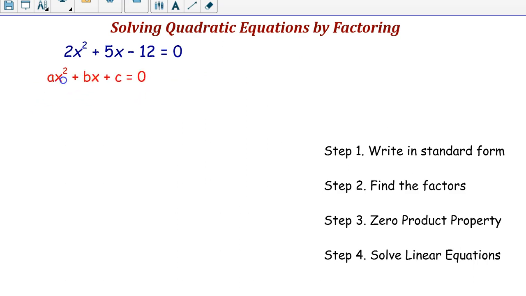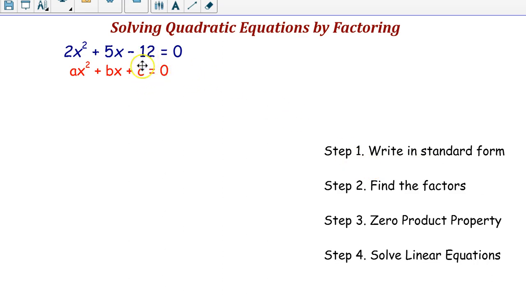So here it is exactly like that. It is matching with that: 2x squared plus 5x minus 12 is equal to 0. So I don't have to do anything with reference to step 1. It is already in the standard form.